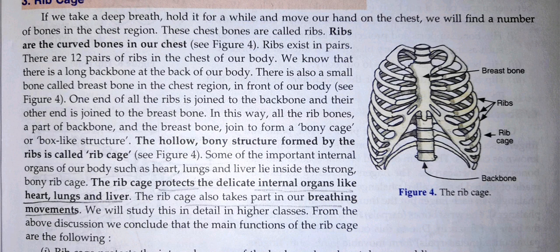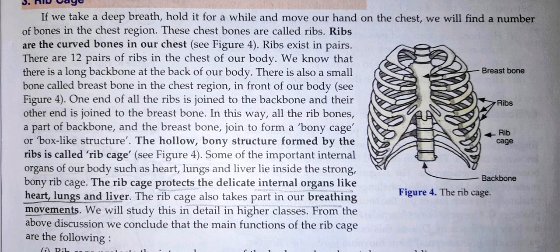One end of all the ribs is joined to the backbone and their other end is joined to the breastbone. In this way, all the rib bones, a part of the backbone, and the breastbone form a bony cage-like structure. So the hollow bony structure formed by the ribs is called the rib cage.